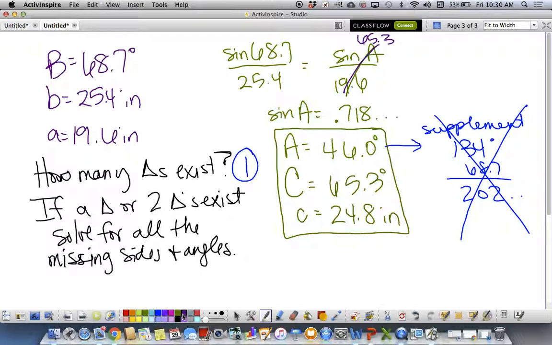So did you do 25.4 times sine 68.7? You multiplied times 25.4 and you divided by 68.7, and 68.7 should be the sine. You switched the two numbers. You inverted them.